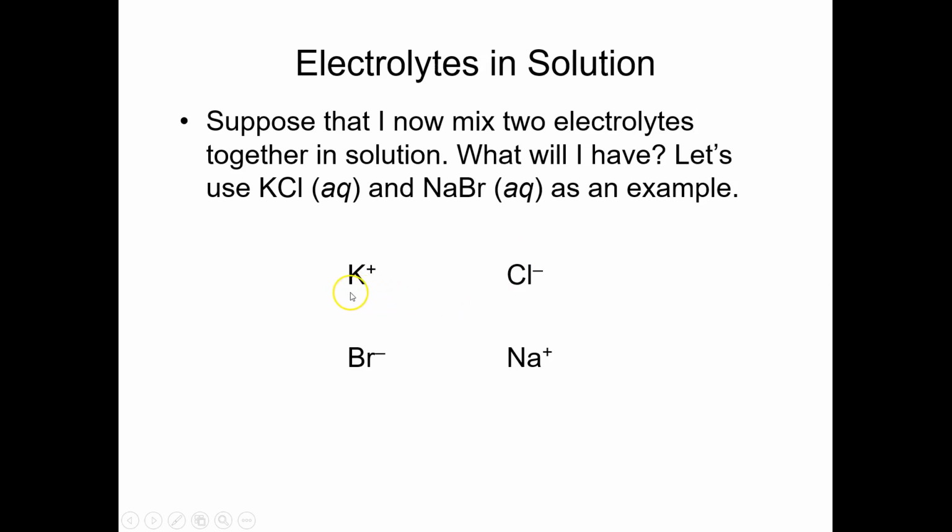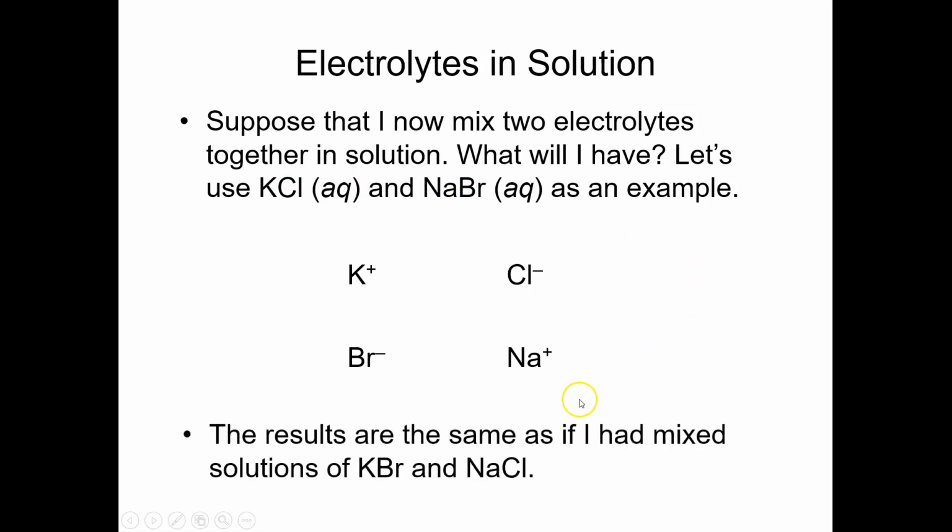So what compounds do I actually have? Well, I actually don't really have any compounds. I just have a collection of ions sitting in solution staring at each other. But the point I'm trying to make here is that if I dissolve potassium chloride and sodium bromide together in water, the result is going to be the same as if I had dissolved potassium bromide and sodium chloride together in water.